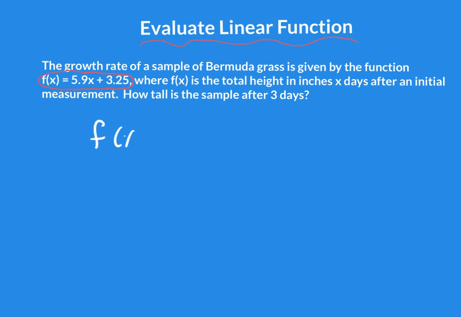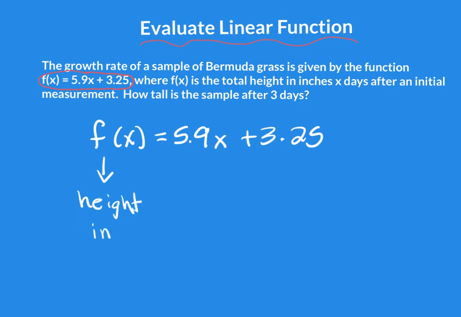So f of x equals 5.9x plus 3.25. Okay, so where f of x is the total height in inches. Okay, so I'm going to label that.